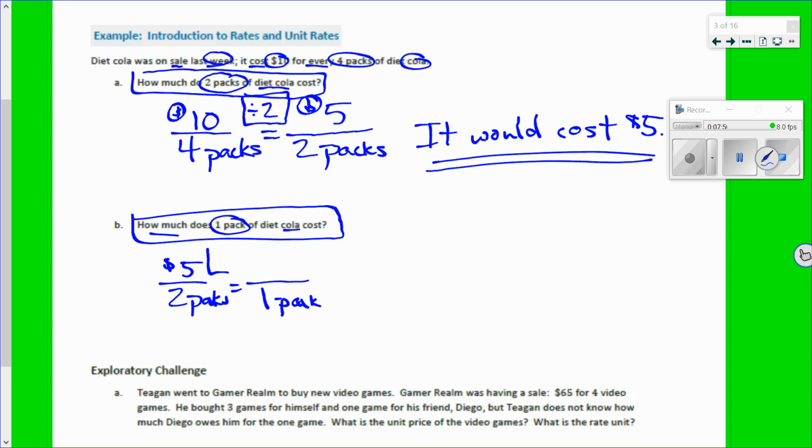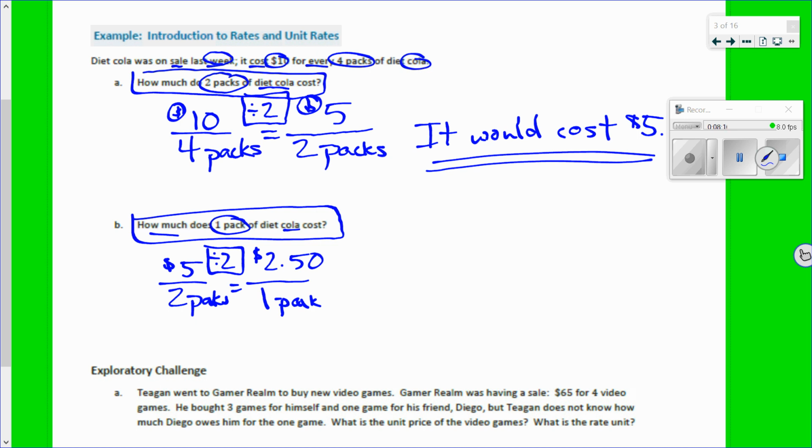I can again put my magic box in here. How do I go from 2 to 1? Michael? Divided by 2. 2 divided by 2 is 1, right? So what is 5 divided by 2? Good, 2.5.